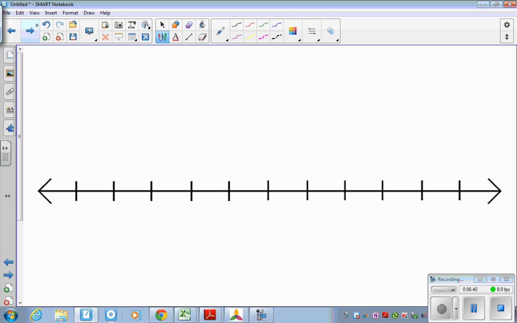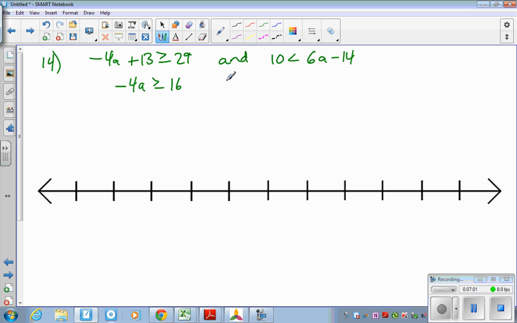Number 14 was -4a plus 13 is greater than or equal to 29, and 10 is less than 6a minus 14. Solving for a, you get -4a is greater than or equal to 16, and 24 is less than 6a.